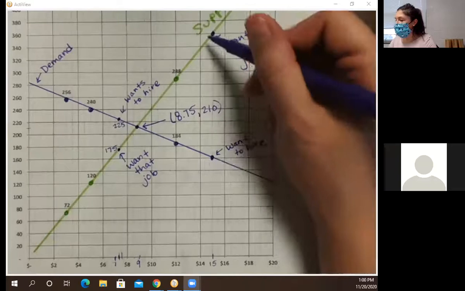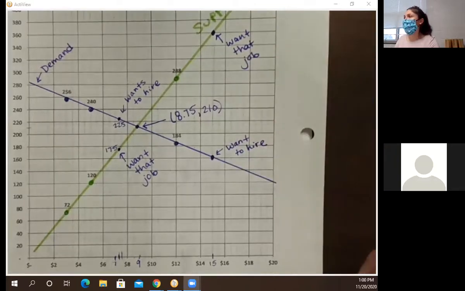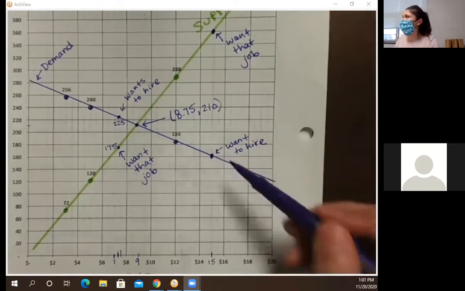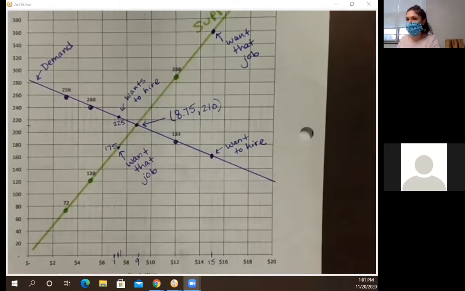What kind of situation do we have going on here? Exactly right. We have more interest in the job than the company is willing to have for employees.